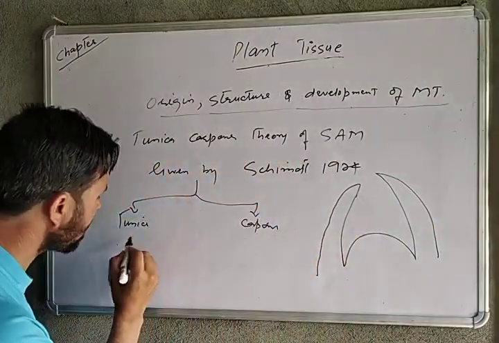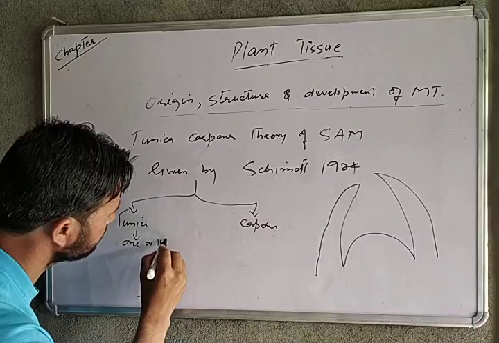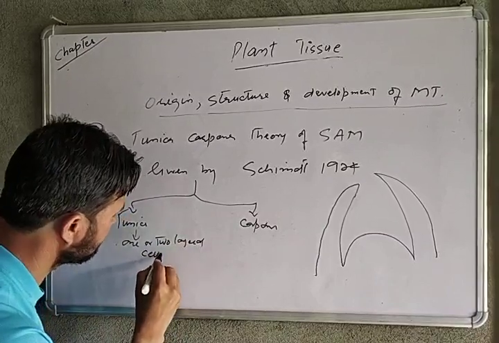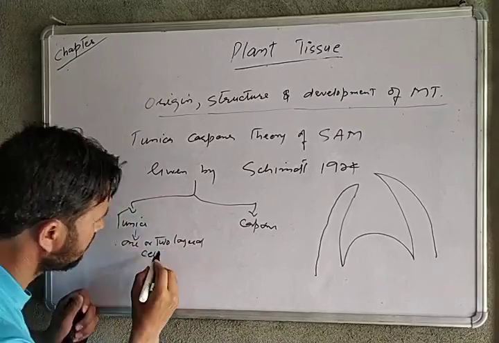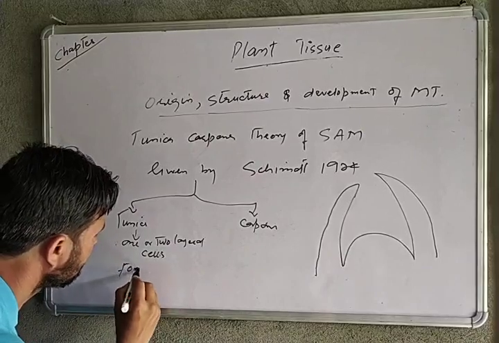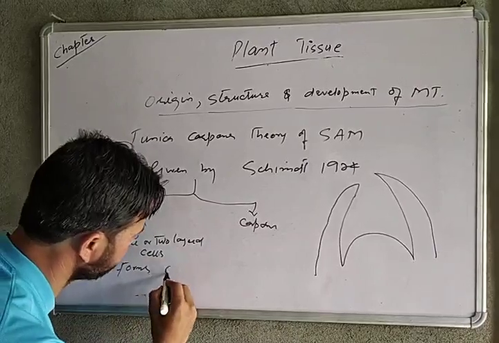Tunica is one or two layers of cells, which forms epidermis.